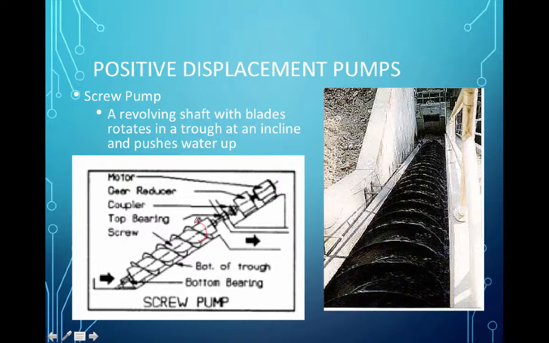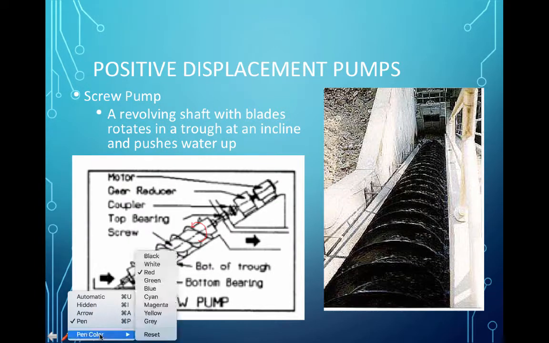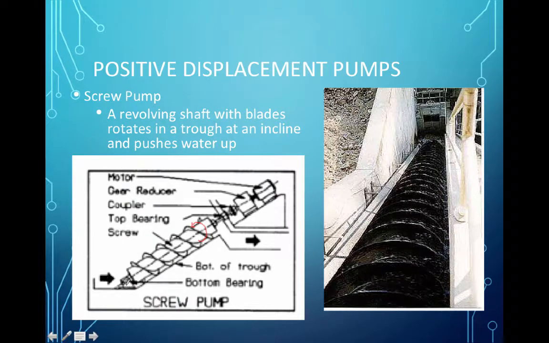Pretty sure the axis of rotation is going to be that which is indicated by the arrow I just drew. And it's going to grab a chunk of water down here in the flight, and it moves these chunks of water uphill as it rotates, and then these spill off and go on about their merry way.